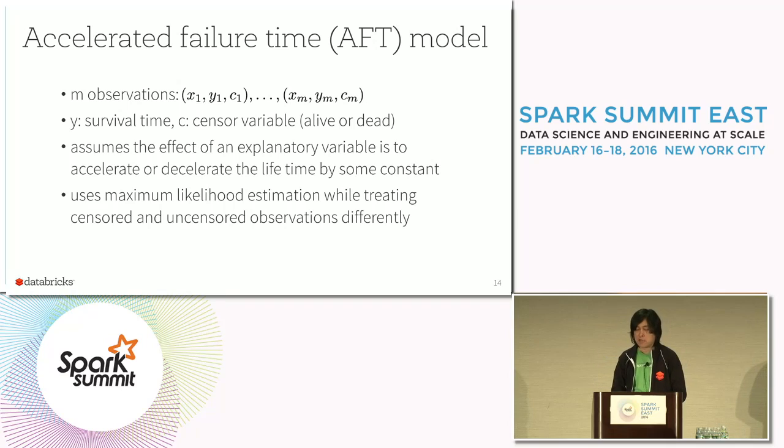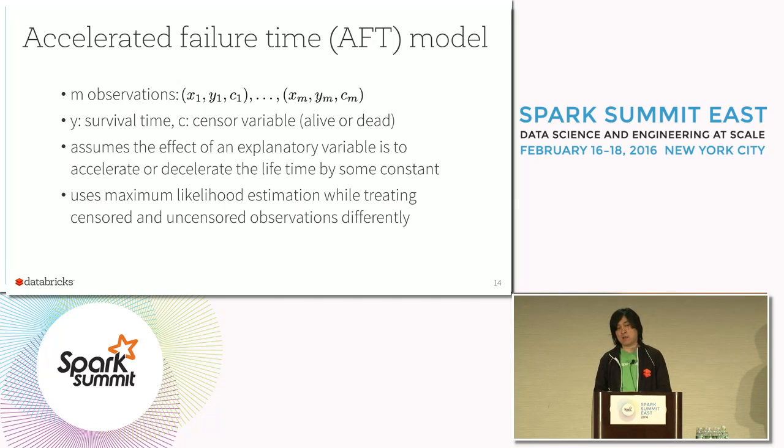In this talk, I also want to talk about another linear model that's very similar to those linear models we introduced. It's called the accelerated failure time model for survival analysis. In survival analysis, you want to estimate the lifetime of some subjects. You also have observations like X and Y. Here, X are features, and Y is the observed lifetime.